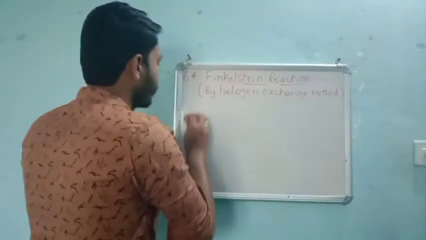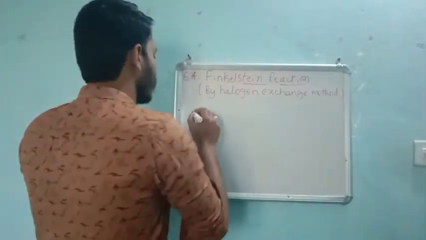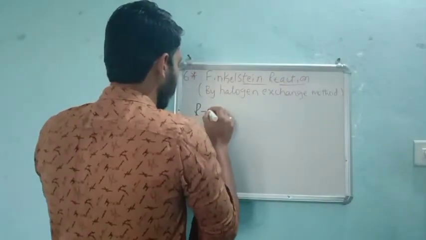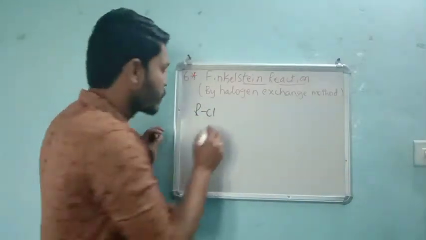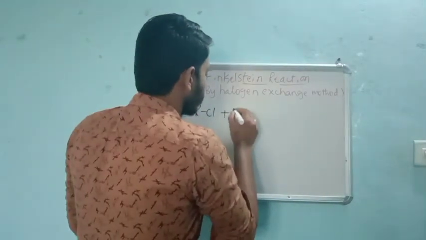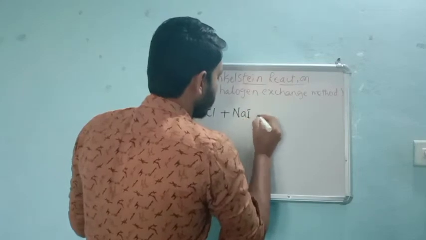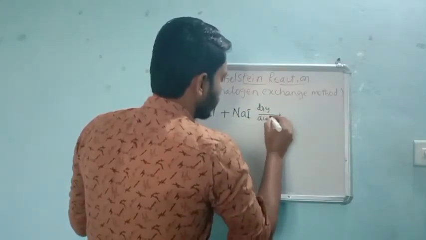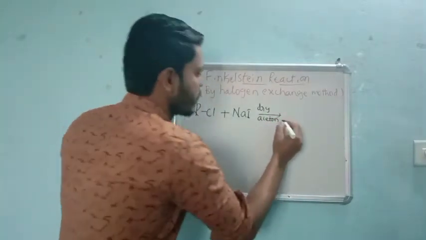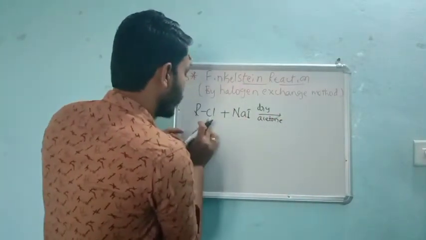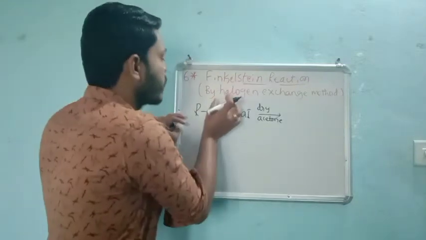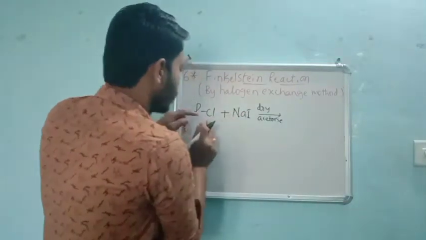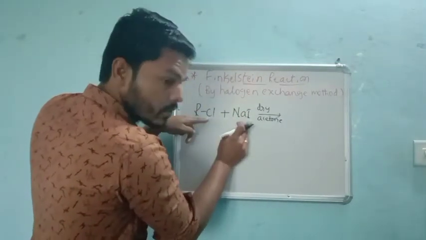So first of all, alkyl chloride or else bromide we can use, reacts with sodium iodide in the presence of dry acetone, right? What happens is, this iodide will simply replace the chloride. Why are we saying this is a halogen exchange? Because iodine is also a halogen.